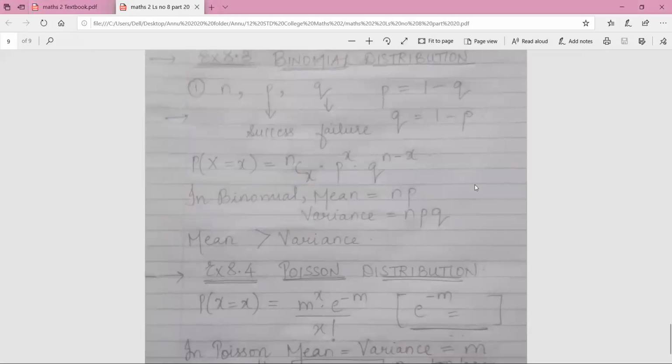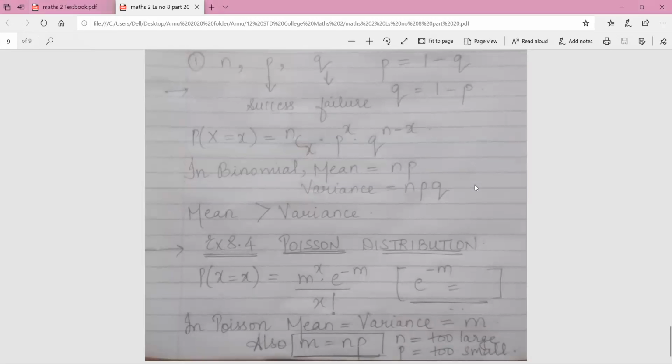Next, we move forward to exercise 8.4, Poisson distribution. For Poisson distribution, one thing you have to keep in mind: words such as mean, average, per, all represent Poisson distribution. Also, the value of e raised to minus m given in the bracket will give you a hint that it belongs to Poisson distribution.